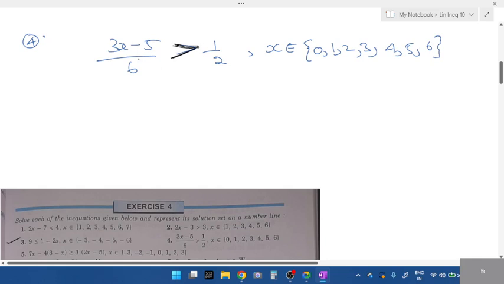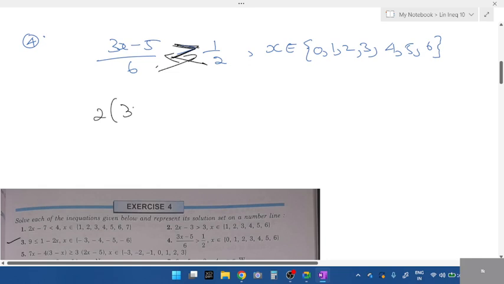Okay, fine. Look at this, students. Denominators are given, 6 and 2. So what do you do? You either take the LCM or just cross multiply. When you're cross multiplying, what kind of values are 6 and 2, positive or negative? Both are positive, right? So the sign doesn't change.